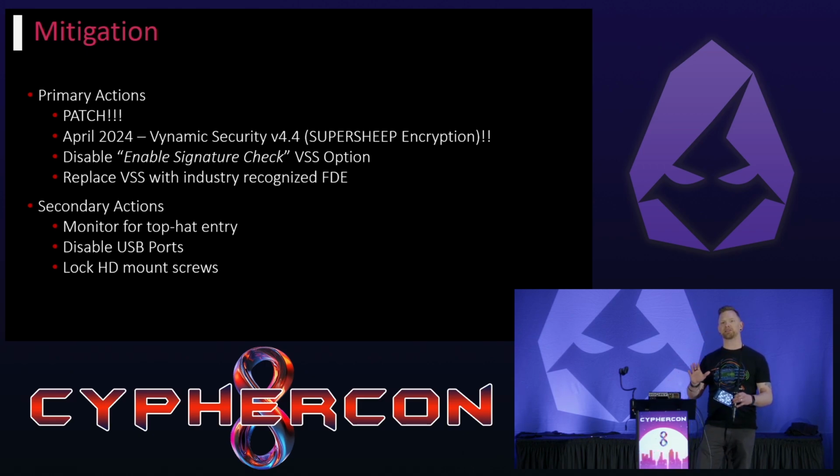It's affixed with thumb screws. So if you open the top hat, it's very easy to pull out the hard drive. There's no reason why a hard drive should be easily removable from an ATM. So ensure those screws are locked, or the PC is installed within a case that doesn't allow easy access to the hard drive itself.